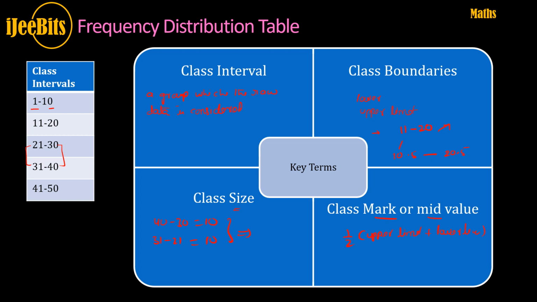So let's say if you take the 1 to 10 class, how do you calculate the class mark? 1 plus 10 divided by 2, so 5.5, right? Similarly you can calculate the rest. So the key terms to take away are class interval, class boundary, class size, and mid value or class mark.